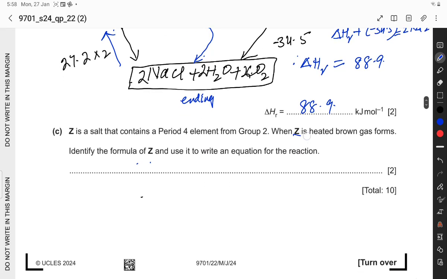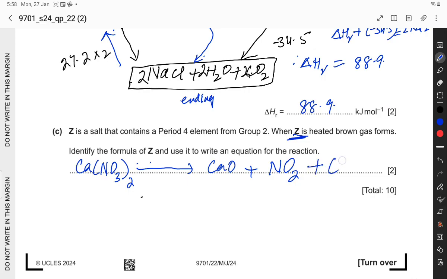This is heated, brown gas, so it means it is a nitrate. So calcium nitrate decomposes to form calcium oxide plus brown colored gas nitrogen dioxide and oxygen gas.